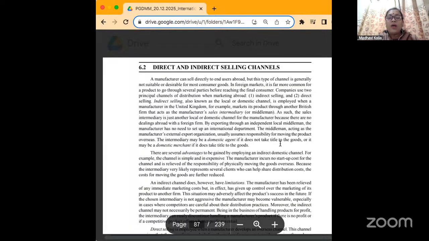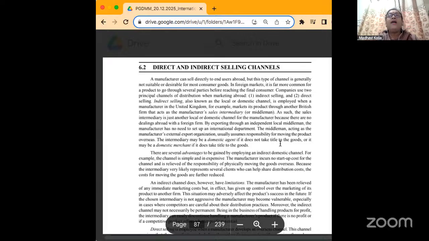And what are these people called who help us in this process? They are called sales intermediaries, they may be called middlemen, they may be called agents, they may be called marketing channels for this particular selling process. So they may have multiple names.